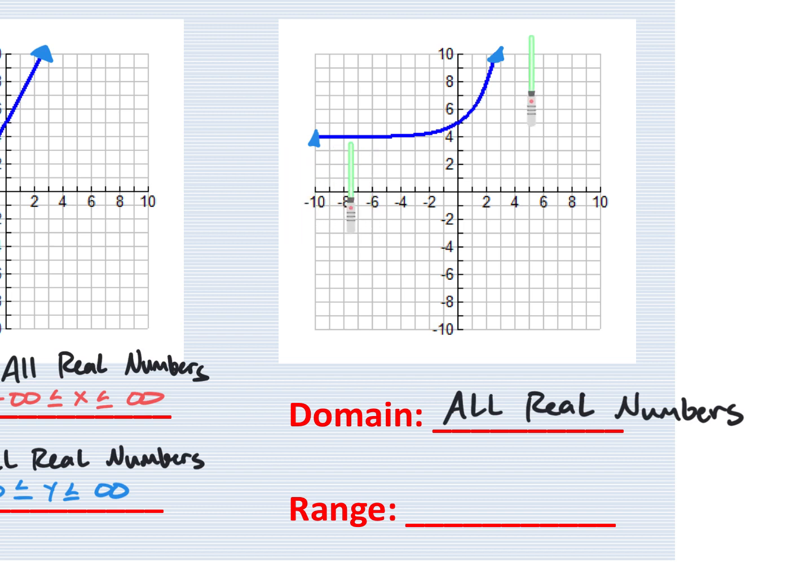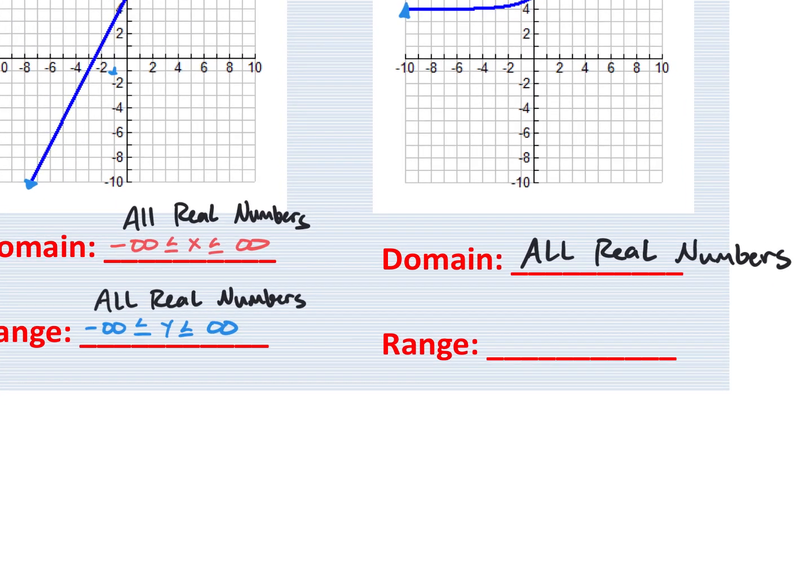But the issue is, is it ever going to get smaller than this number 4? No, because that is where it flattens out. So we have to write an inequality for our range. Our range is going to be every y value that is bigger than 4. Do you hear the words that are coming out of my mouth? So you have to come down here and put that inequality into perspective.